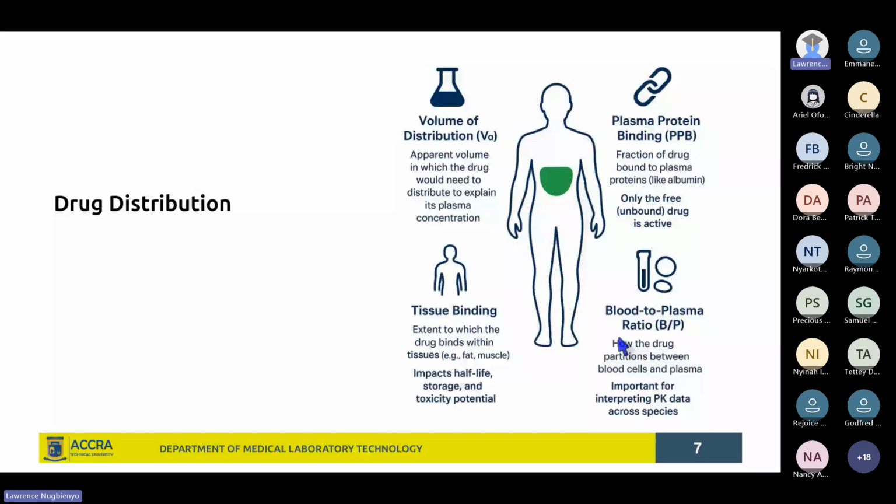What that means is that when a substance is taken in, you have some of the substance which is bound to the blood cells, and you have some of it which is free and it is in the plasma.